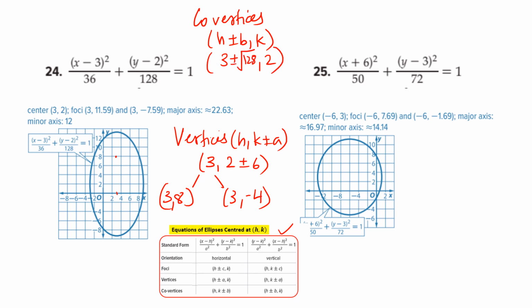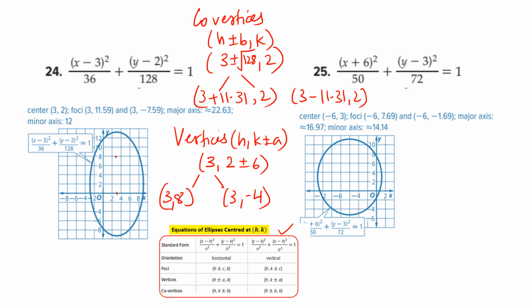So simplify this and you will get the coordinates as, maybe you can use your calculator at this step. So square root of 128 is 11.3. So 3 plus 11.31 comma 2, that's positive, and 3 minus 11.31 comma 2, that is negative. So accordingly you will get the coordinates.